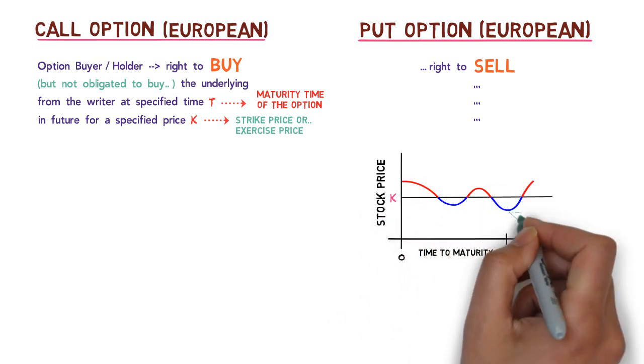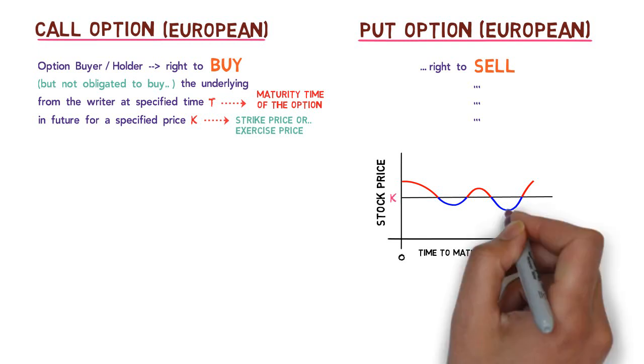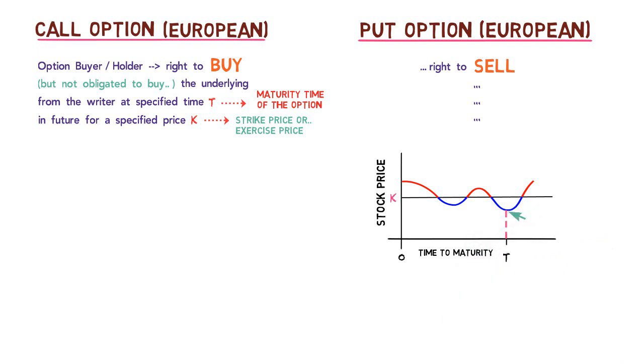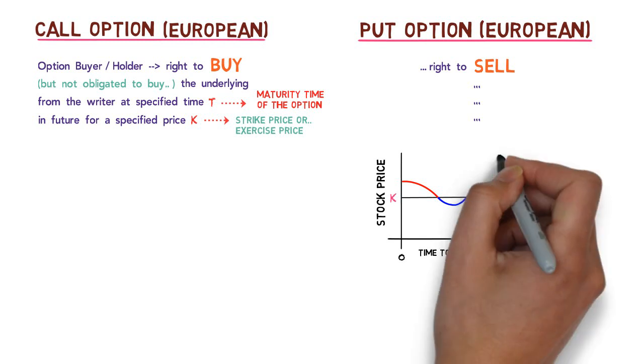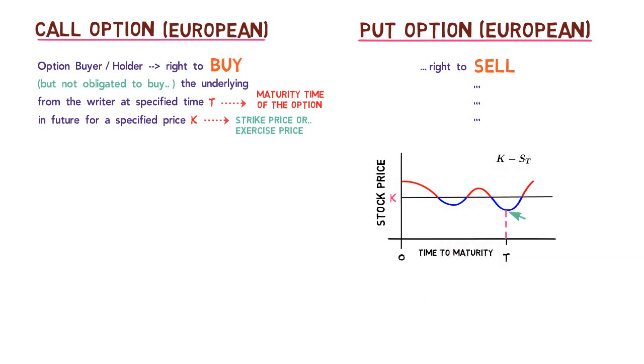So that at maturity here, stock price is less than k. Okay, and this is exactly what you feared. So if you bought the put option, you now have the right to sell the underlying asset to the option seller not at S_T but at k, so that your payoff would be k minus S_T.